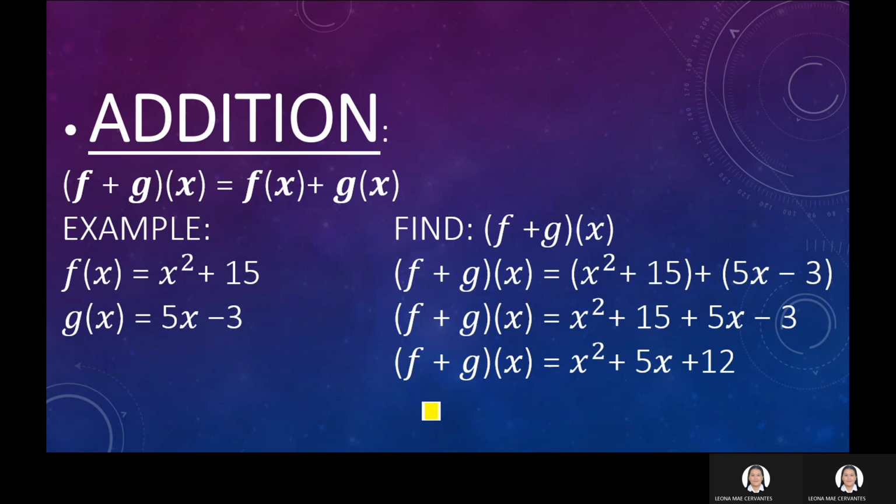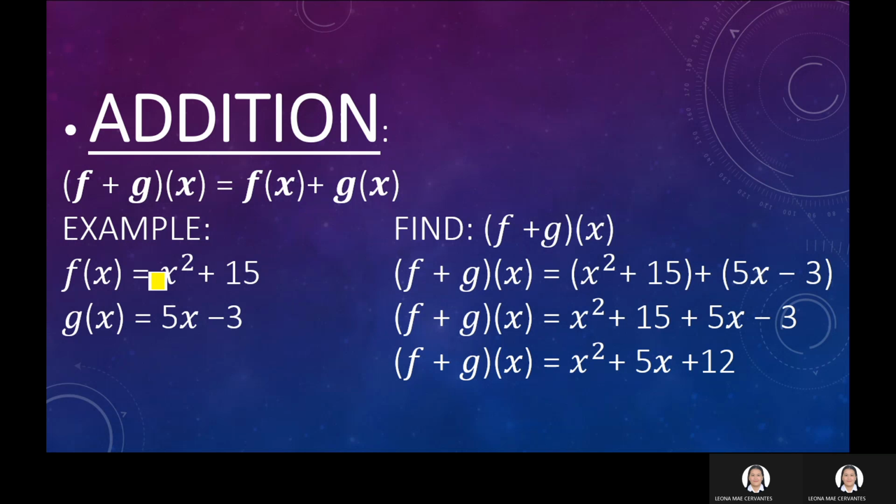Okay, so now let's have another example. F plus g of x equals f of x plus g of x.